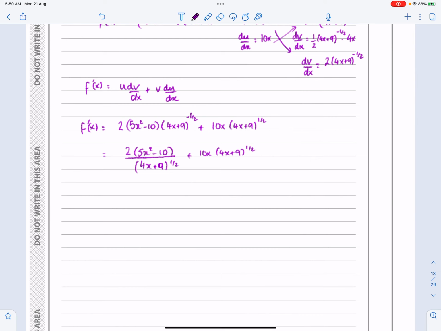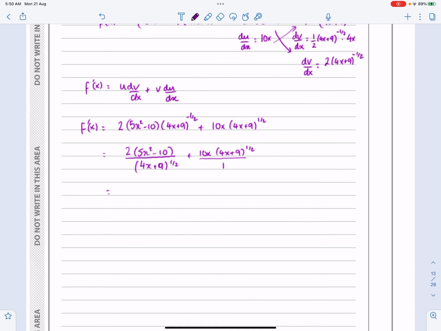Now, even if I haven't gone back to check to see what I'm trying to match up to, I would do this anyway if I was asked to simplify this. When we get to this stage, in effect, think like that and then just cross multiply to tidy up this fraction here. It would be a standard method to do, even if they hadn't said to get it to look like a particular format here.